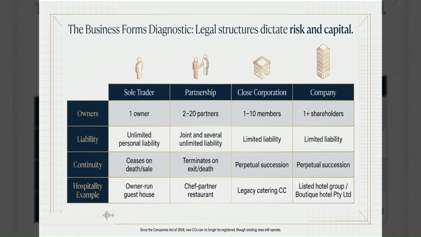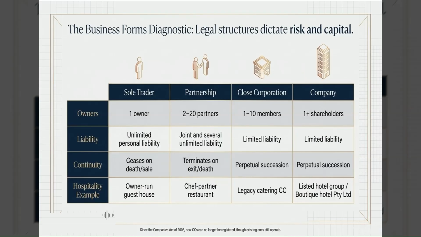Third, the close corporation: between 1 and 10 members who must be natural persons. Here, the liability rule changes. Limited liability. The close corporation is a separate juristic person.